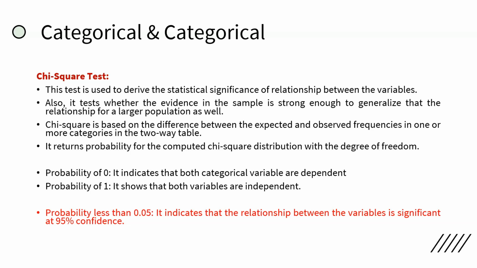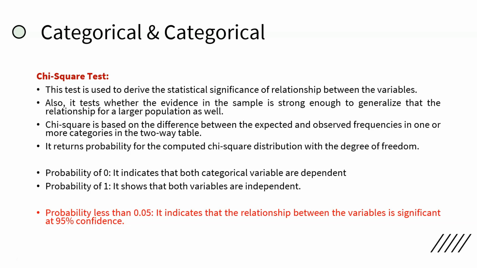If the probability is 0, it means that both the categorical variables are dependent. Probability of 1 shows both are independent. So that's closer to 0, closer to 1. But we are looking at a 95% confidence level, which means that we will take a p-value of 0.05.